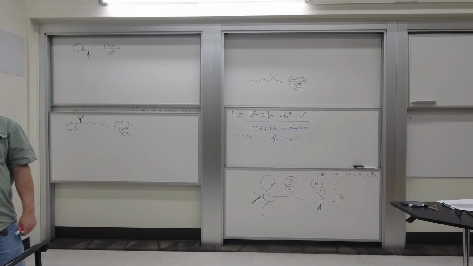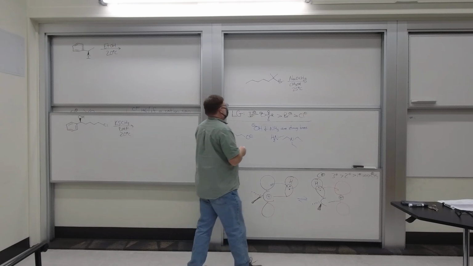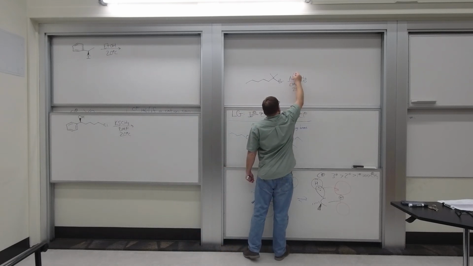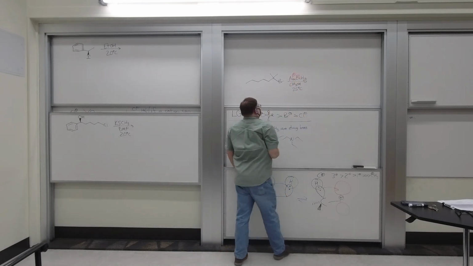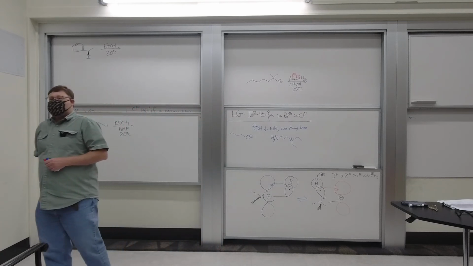If I see a sodium, that is a sodium plus 1, which means what it's with is minus. So this sodium is plus, that means that O is minus. So the OCH3 minus is your strong base.